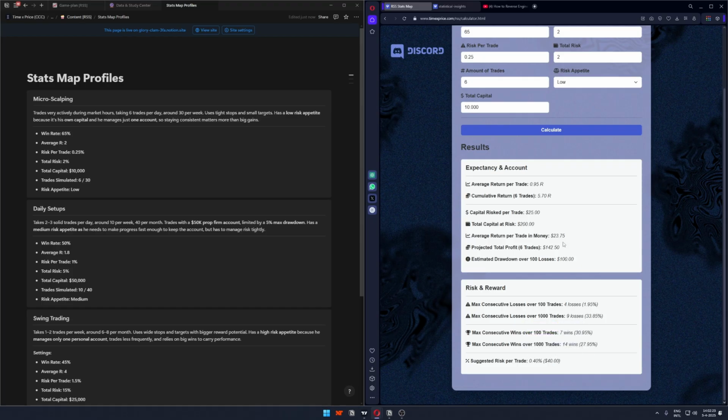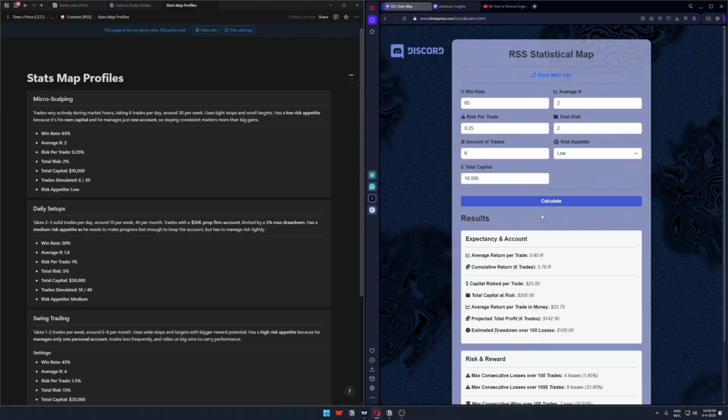This tells us that if we really want to get the max out of our potential and our plan, and we have a high alignment rate, meaning that almost all of our trades, or 80% of our trades, are aligned to this plan that expects these results, we can up our risk. So this is the suggested risk per trade, and you can look at this number to define if you could potentially take more risk if you are consistent within the stats.